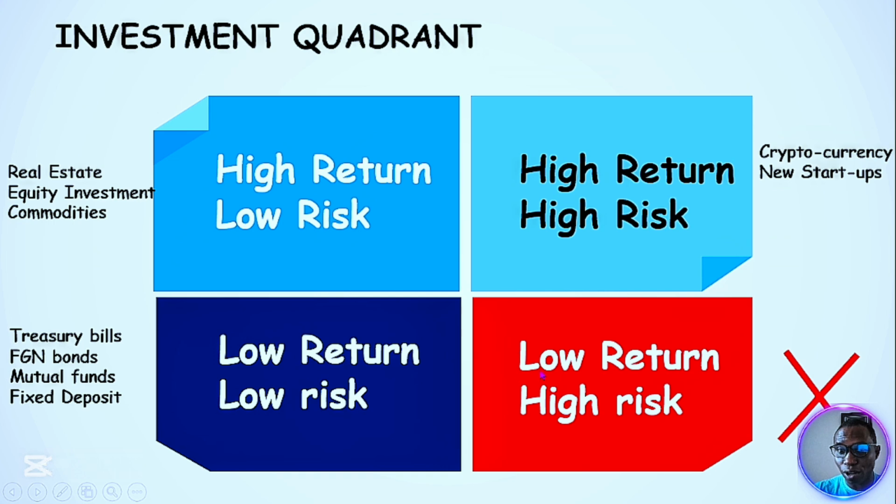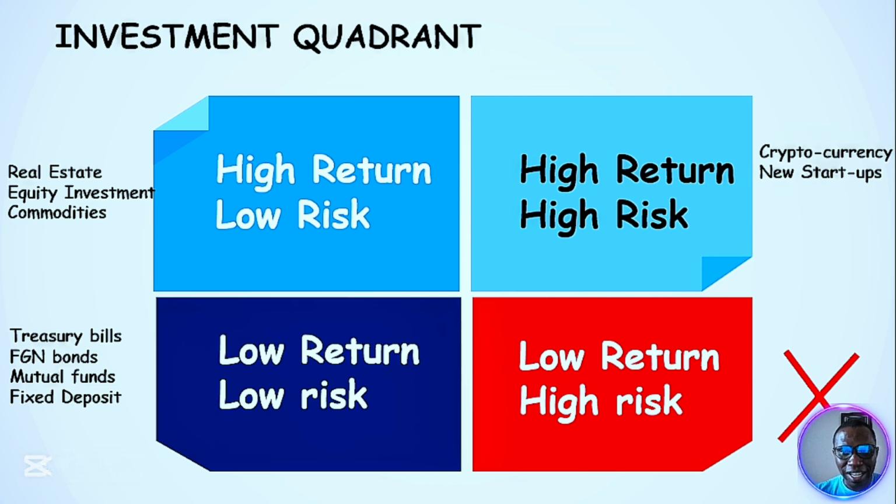But the essence of this part is the moment you see that what the investment is offering you is low compared to the risk involved. The risk is high, but the return is low. Just imagine somebody saying you should come and invest in a new startup, a new business, and it's offering you, let's say, 12% per annum. That is a no-go area.